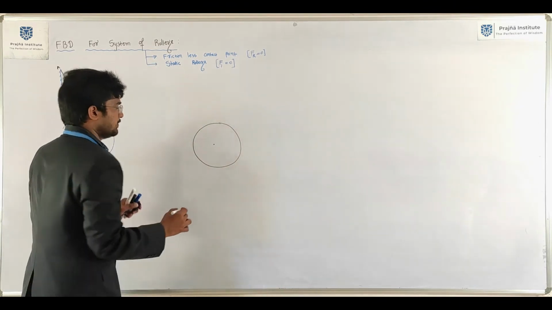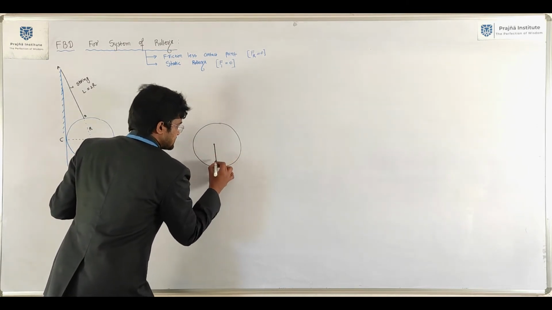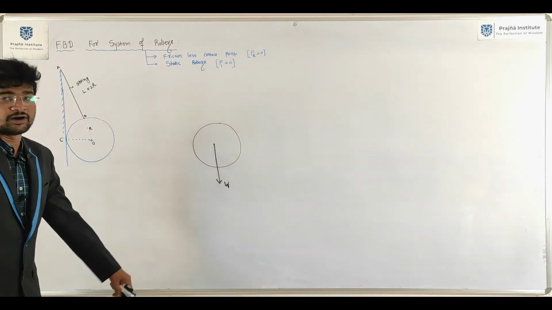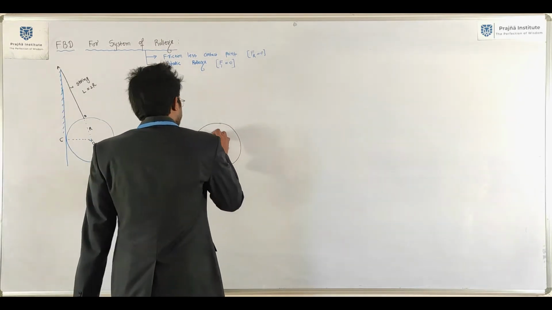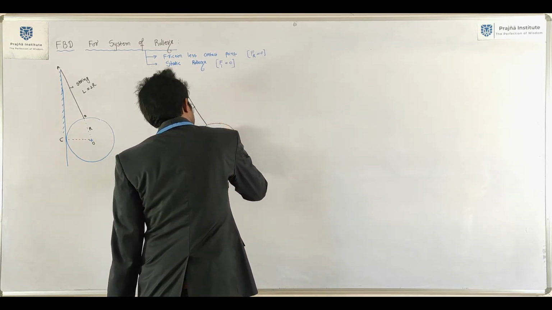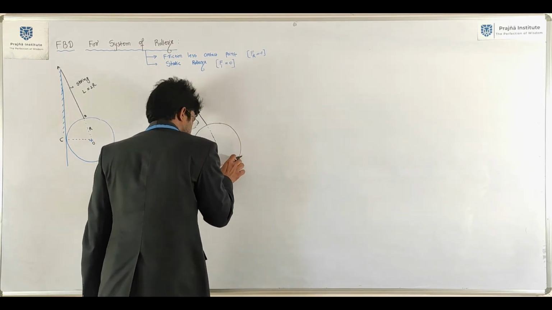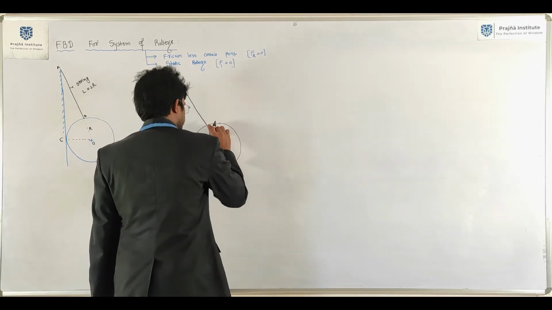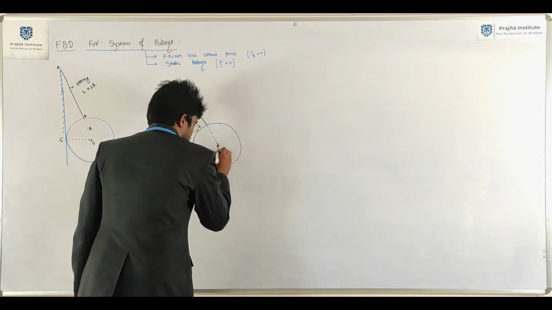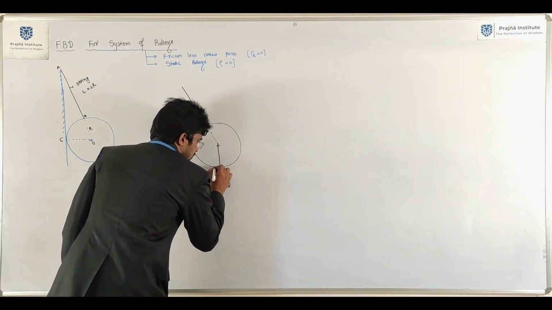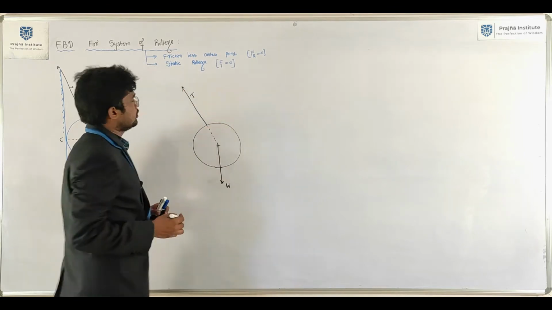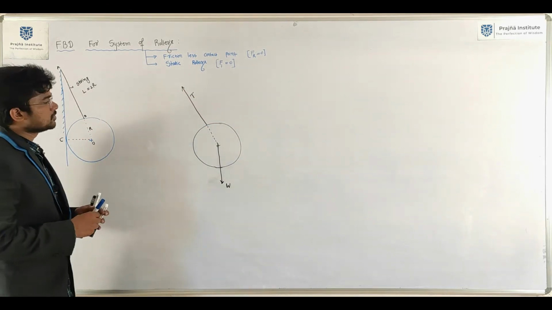What is the first statement? Weight always acts vertically downward. Next, tension. Tension always pulls the body.